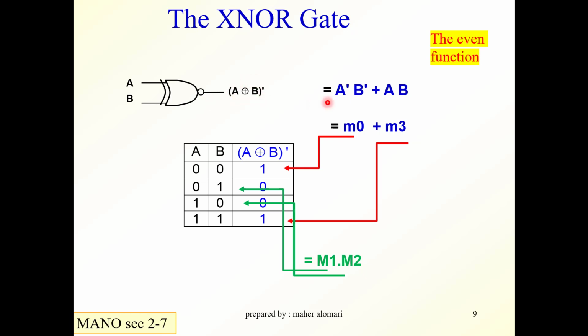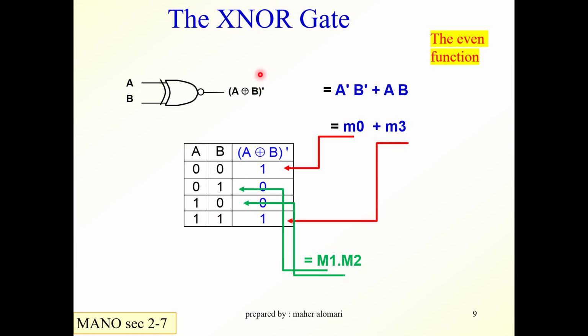It is equal to A bar ANDed with B bar ORed with A, B. And this here is minterm 0. This here is minterm 3. This is minterm 0 and this is minterm 3.